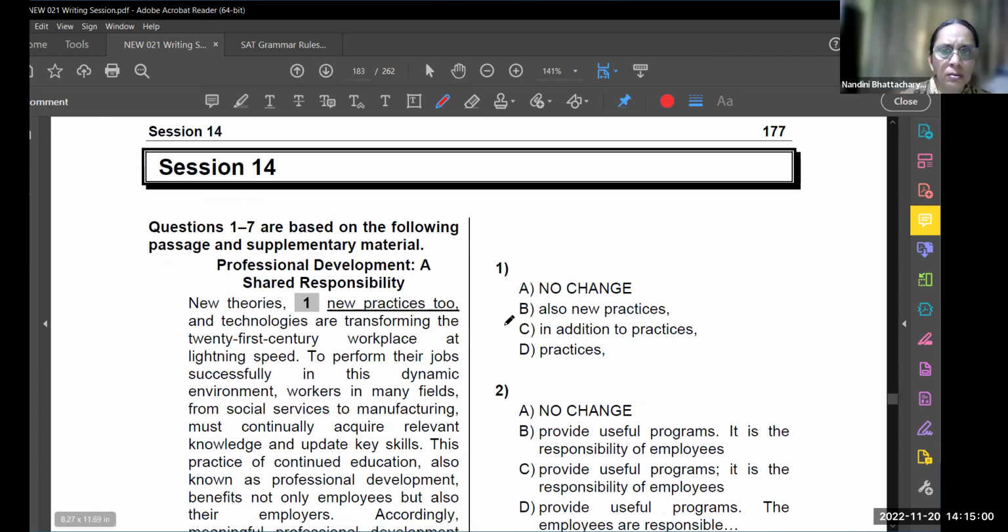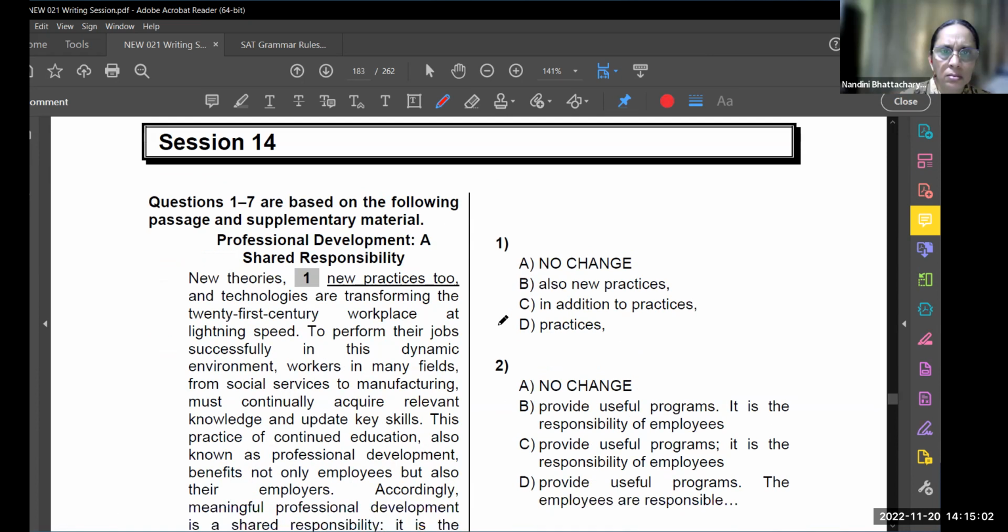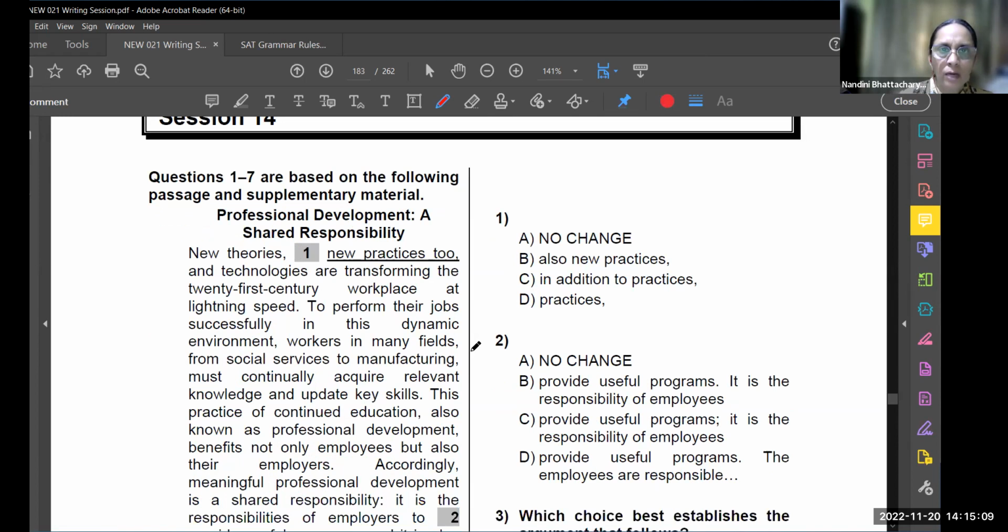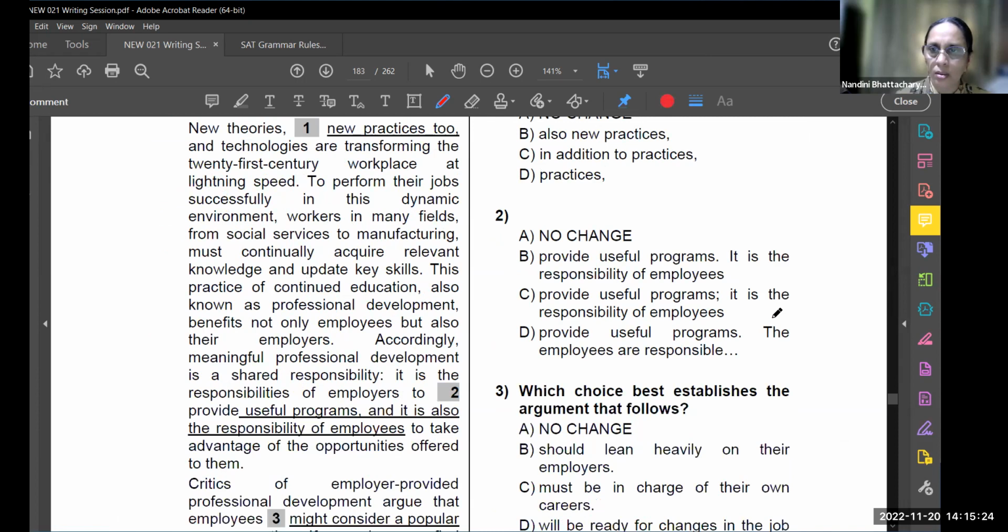You've done it? Yeah, ma'am. Oh, how come you randomly took up one? Okay, so everyone has done it, or is there somebody who hasn't done it? Everyone has done it. So you have got all the answers? Yes. Okay, then we can move on to session 15 then. It's good you've done this.